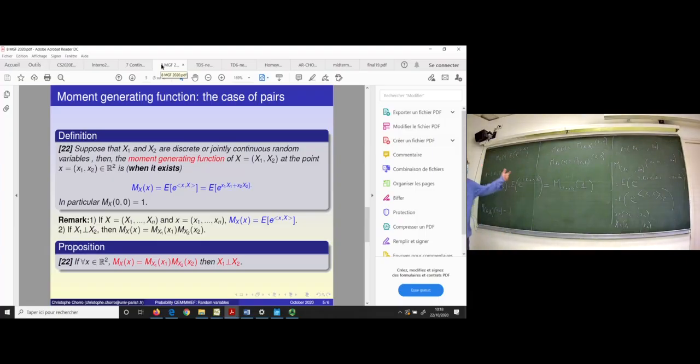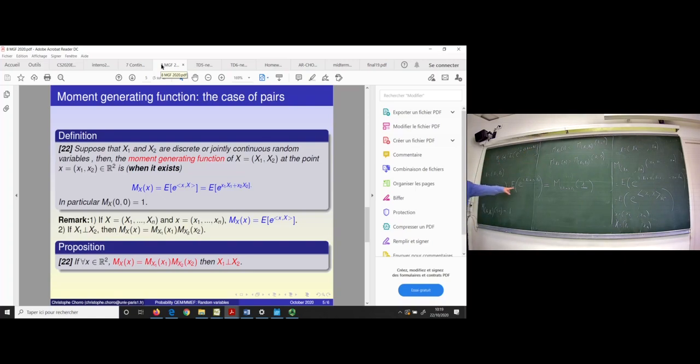Have a look at the definition of the moment generating function for a single random variable. If I replace x1 by t x1 plus s x2, and I don't write a t here but let's write a u, I obtain the exponential of u times (t x1 plus s x2).